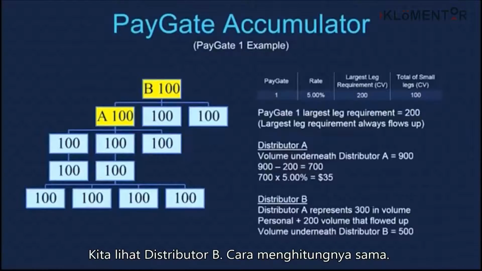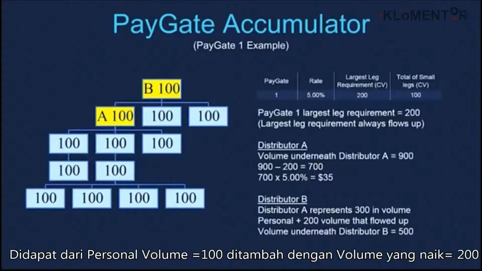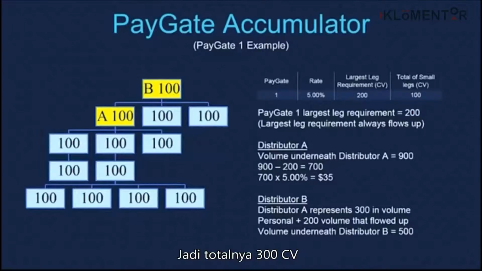Now if we look at Distributor B, we calculate it in the same way, but we need to remember that Distributor A now represents 300 in volume for Distributor B. They've got their personal volume of 100, plus that 200 of volume that has flowed up to the next level. So in total, they represent 300.